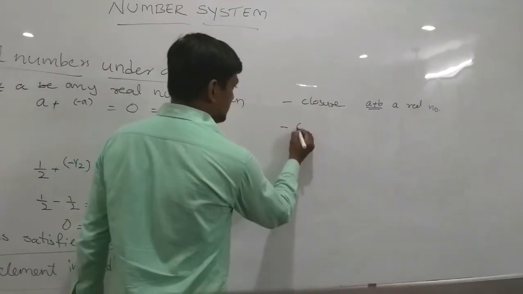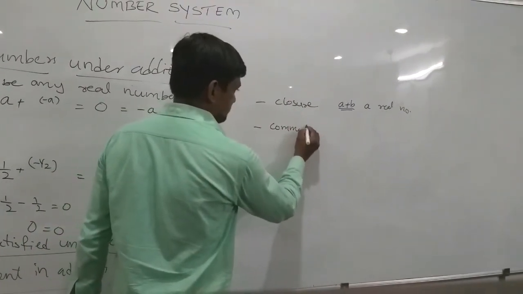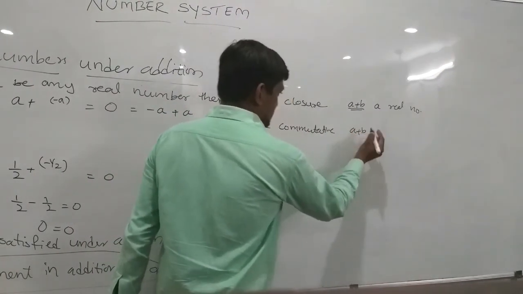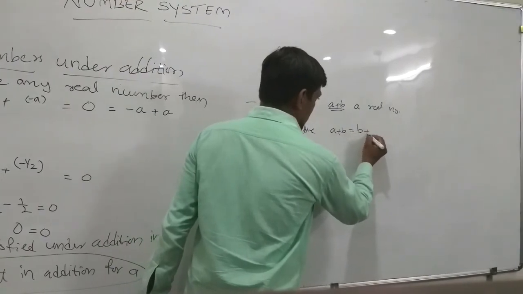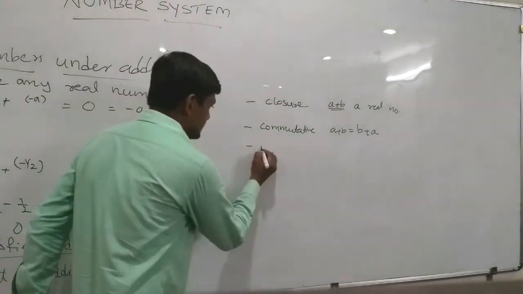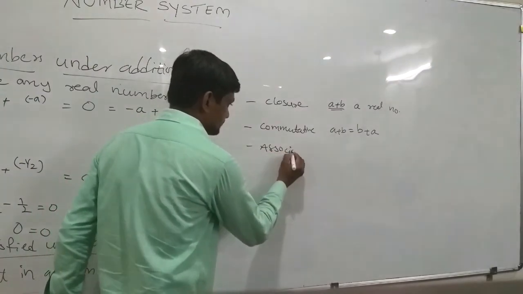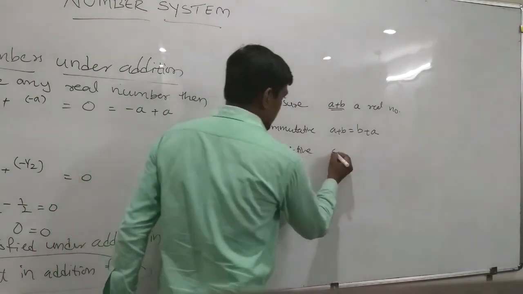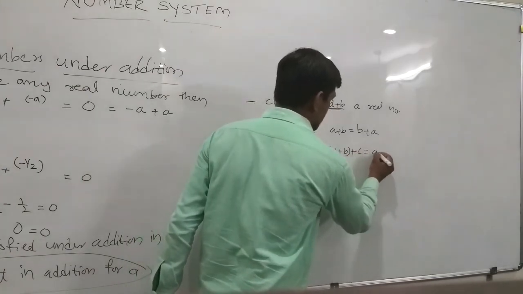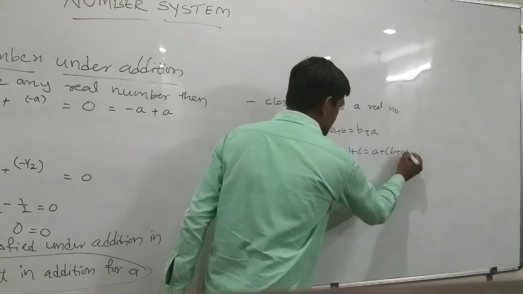The next is the commutative property: A plus B is equal to B plus A. Next is the associative property: A plus B plus C is equal to A plus B plus C grouped differently, that is A plus (B plus C).